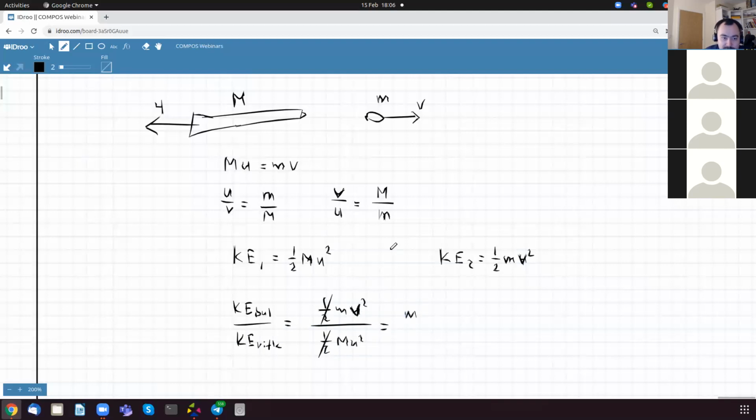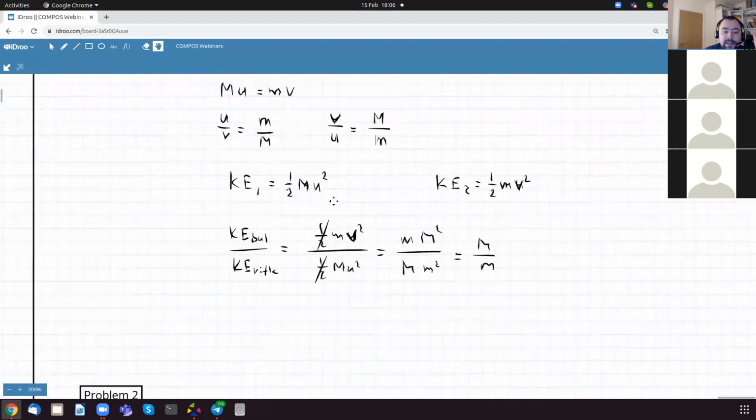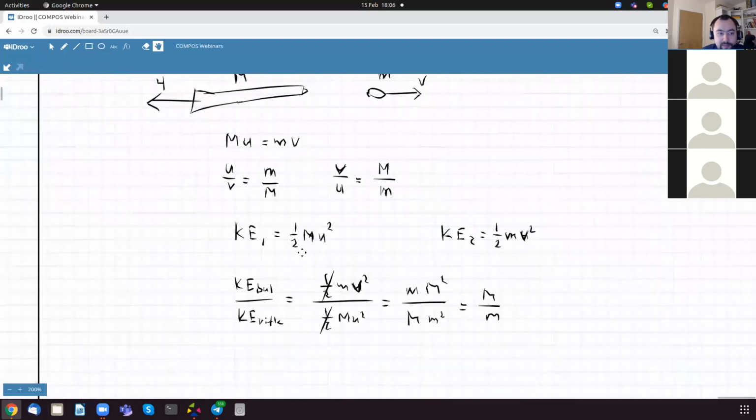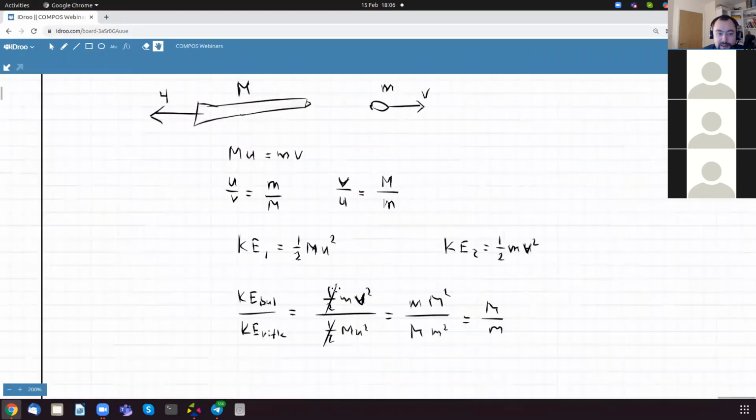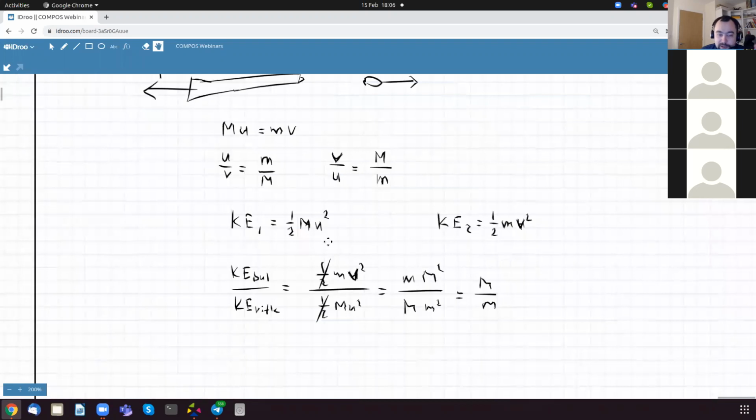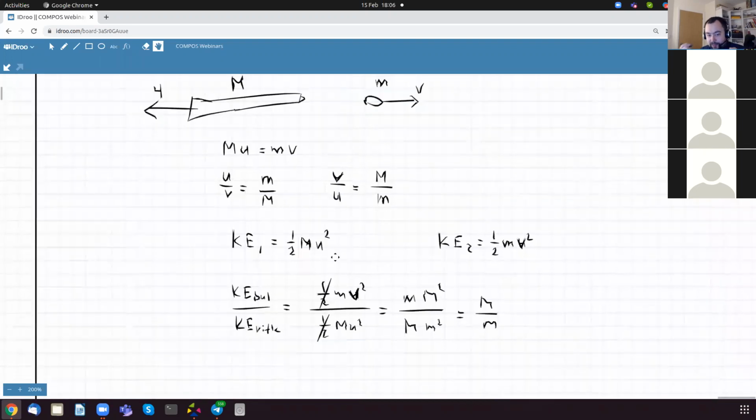That's M squared over m squared, which incidentally is M over m. And the significance of this result is that if the bullet is 10 times lighter than the rifle, it will have 10 times the kinetic energy.